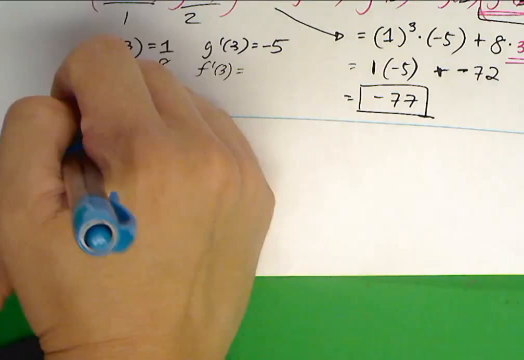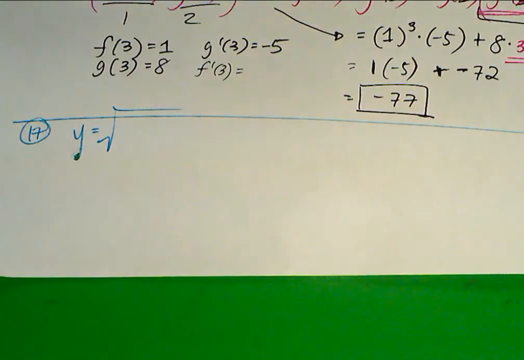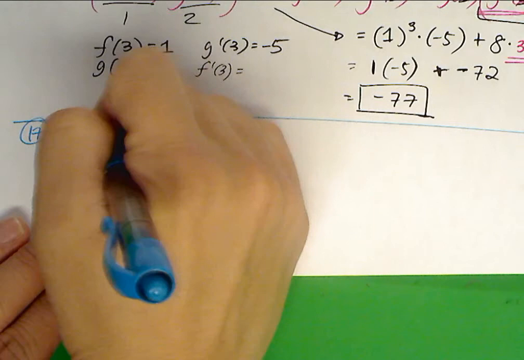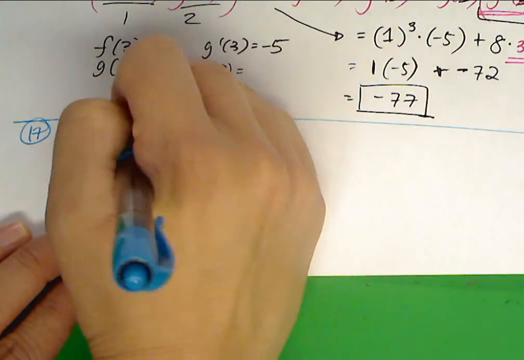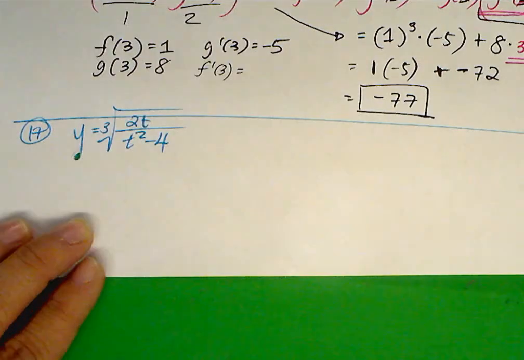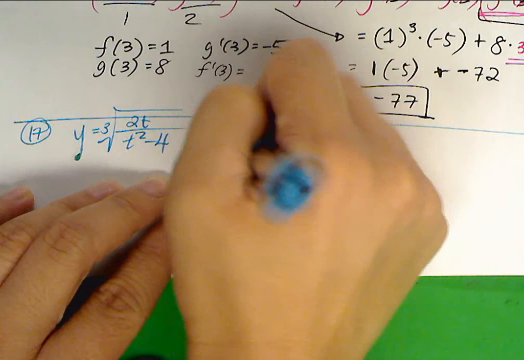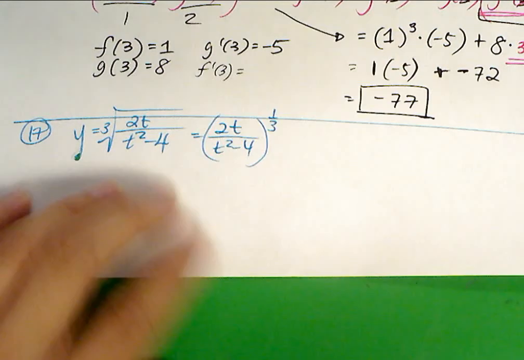So y equals the cube root of 2t over t squared minus 4. I like to rewrite this as 2t over t squared minus 4, to the 1/3.